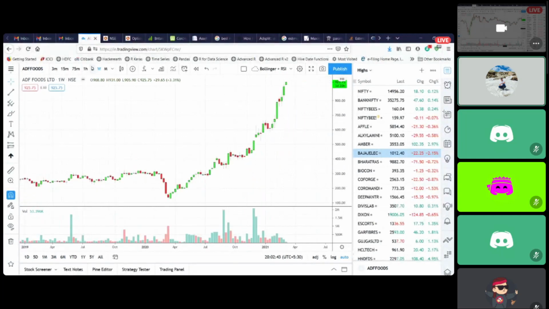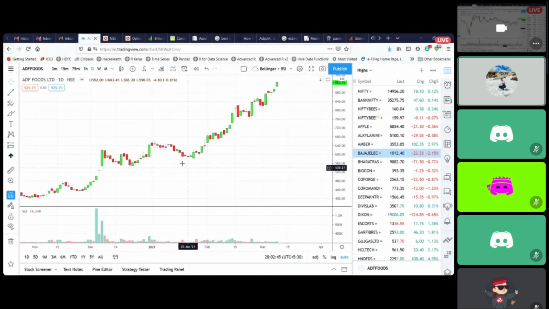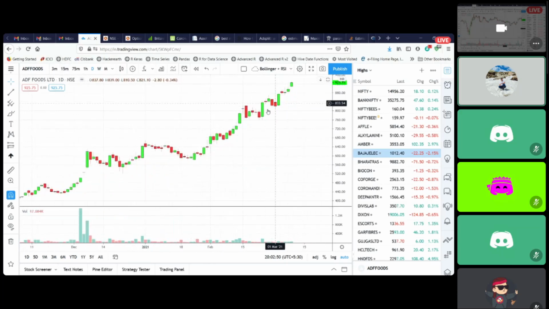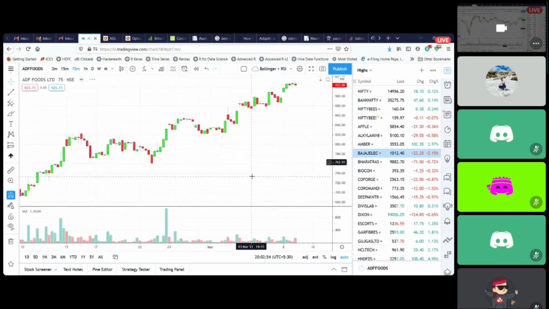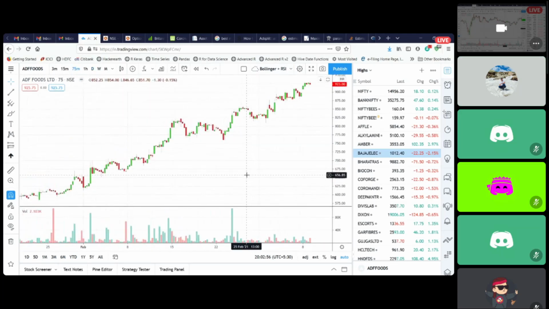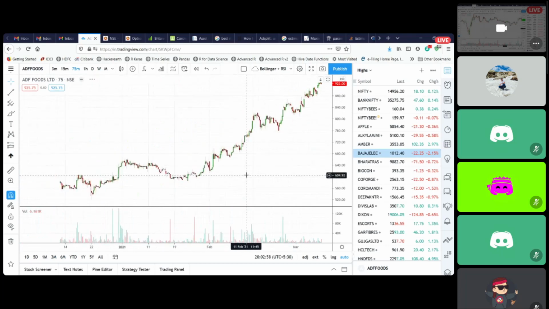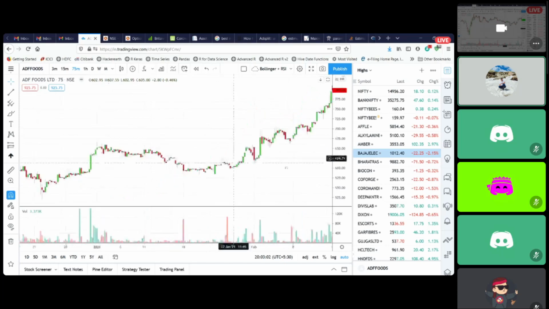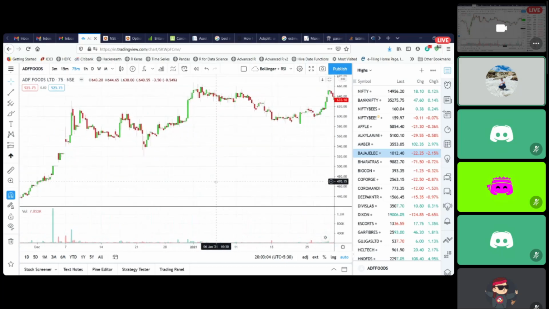On a daily time frame, wouldn't have given you any entries here. In fact, the 75-minute time frame also has no entries in this region. Let's check this region.